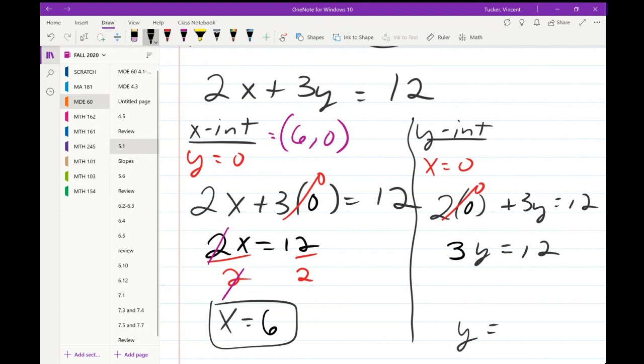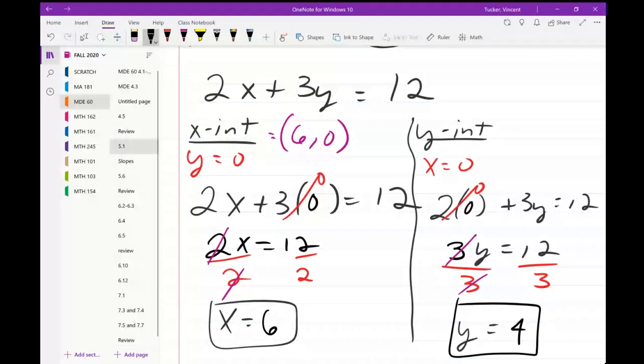Then divide both sides by 3. 3 will cancel. Y is equal to 4. So my y-intercept would be 0, 4. Remember, x was 0. X always comes first. So it would be 0, 4.